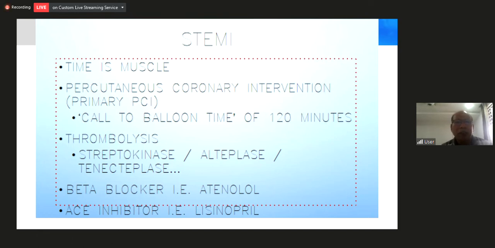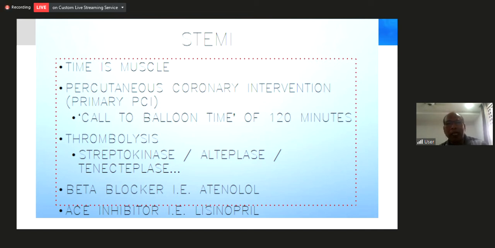So remember, in STEMI, time is muscle. Don't delay. You have to make a diagnosis within 10 minutes. From that, you conclude whether you want to give lytics, thrombolytic therapy, or do primary percutaneous intervention.